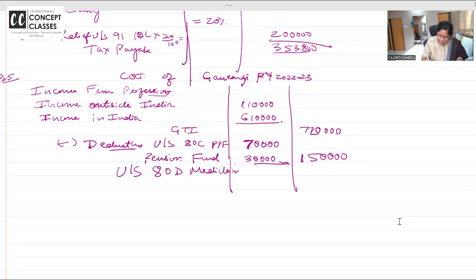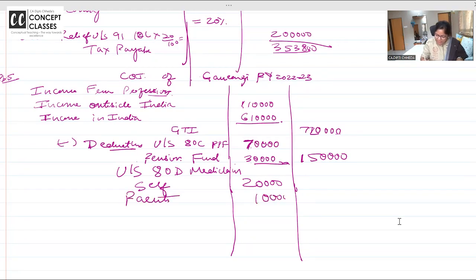Mediclaim is paid for self, 20,000; upper limit is 25,000. For parents, 50,000 is the limit.